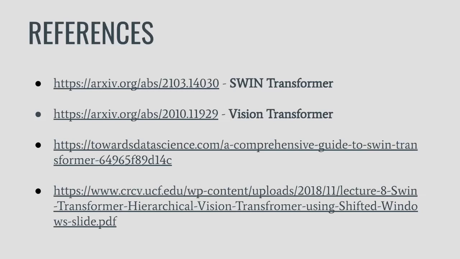And obviously, it resolves all the issues that were present in the original vision transformer. Today, the Swin transformer is commonly used as a backbone architecture in a broad range of vision tasks, such as image classification and object detection.